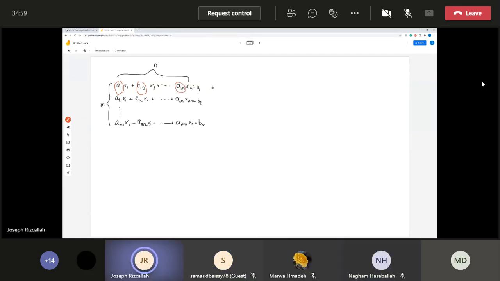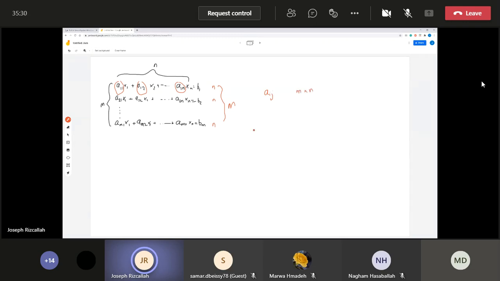In the second equation, also n. And in the third equation, there will also be n. So how many n's will there be? There will be m of them. So in total, the coefficients aij number just m times n.